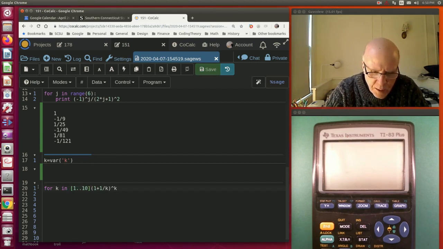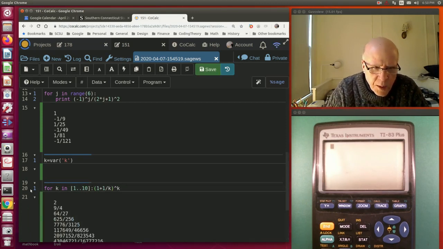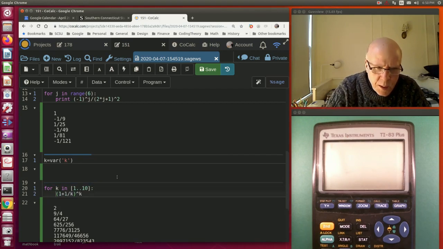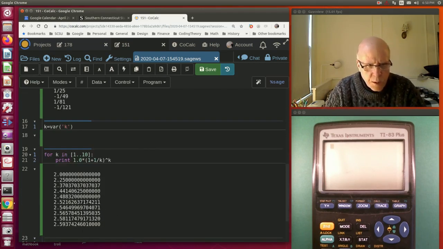I think that's right. And what we're going to do in this loop is evaluate or print this as a decimal number. That's one quick way to coerce a thing to become decimal. Just multiply it by 1.0.